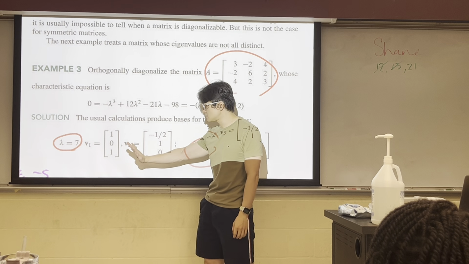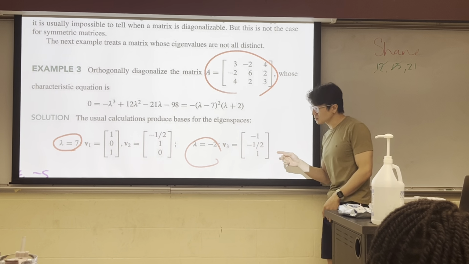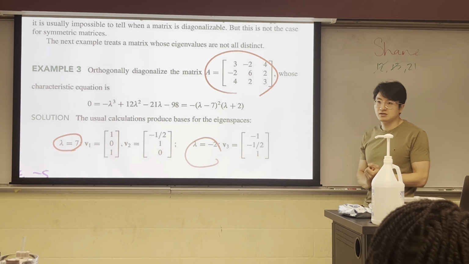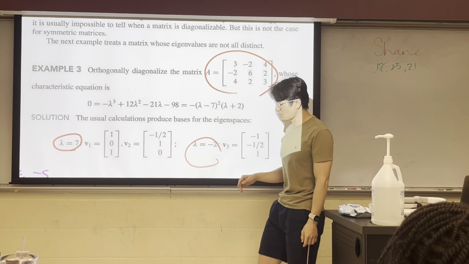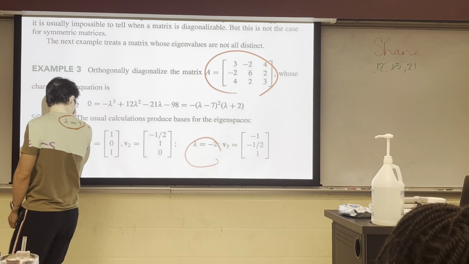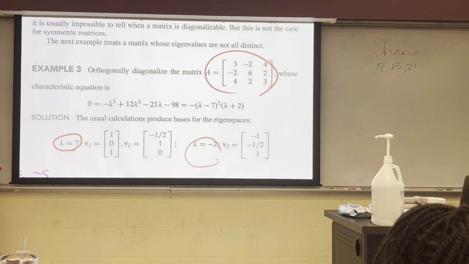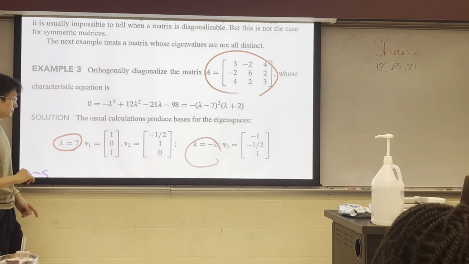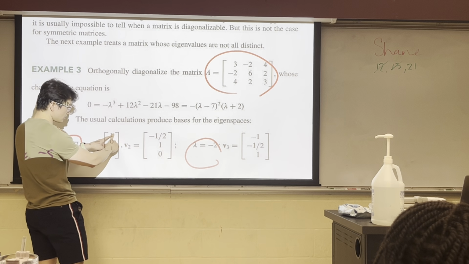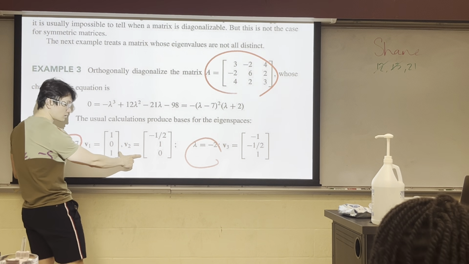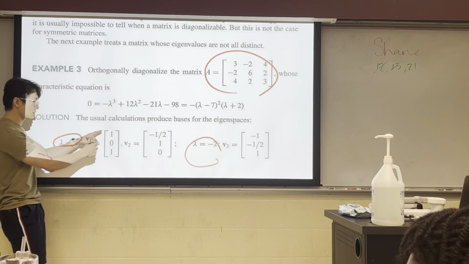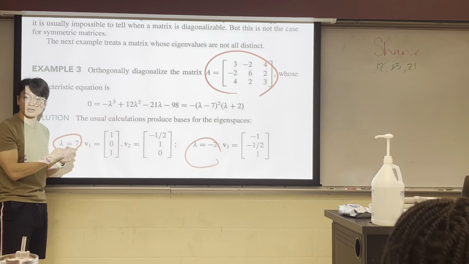They're not normalized. Are they orthogonal? Almost, meaning one of them is not. Which pair is it? If I compare these two, are they orthogonal? No. What about V1 and V3?